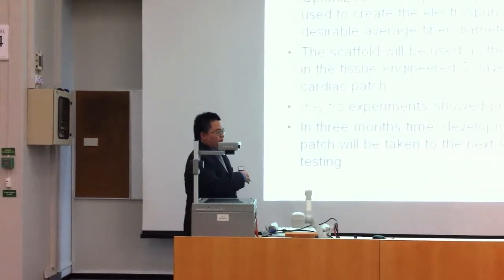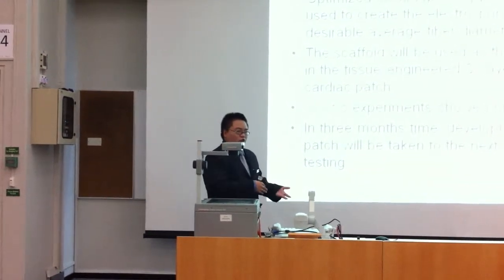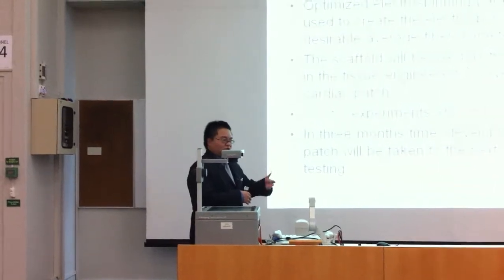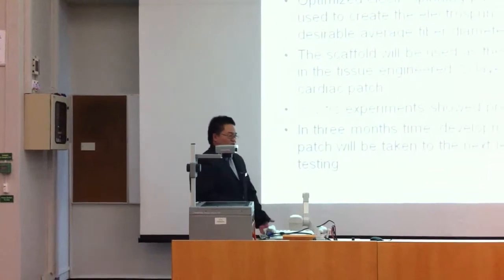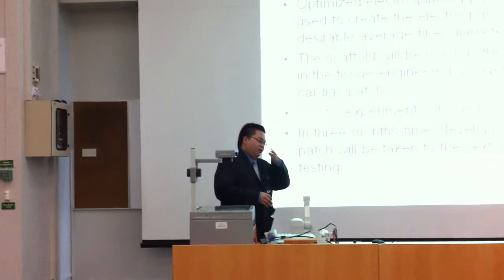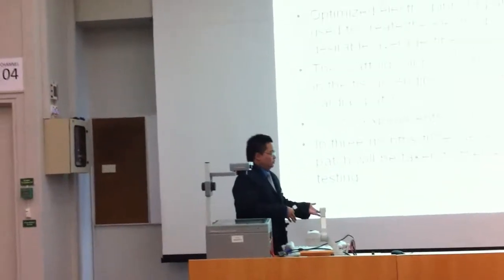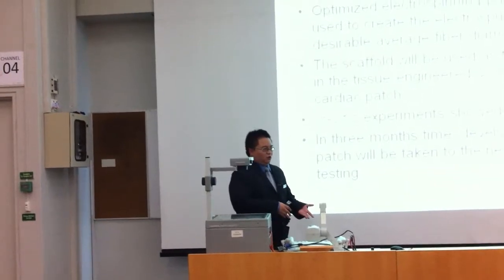One of the scaffolds that have been fabricated, the process parameters were then utilized to electrospin the muscle layer of the scaffold. In vitro experiments showed promising results. And in 3 months' time, this cardiac patch that is developed by NTU School of Materials Science and Engineering will then be taken for animal testing.